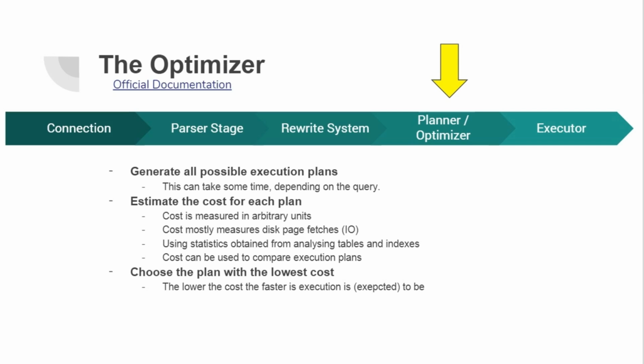Now, when you have joins, the execution plan determines the order in which these joins are going to be executed. If you have, for example, tables A, B, and C, the possible execution plans are joining A to B and then C to the result, joining B to C and then joining A to the result, and etc., etc., etc. The more complicated the query is, the more possible execution plans there are.